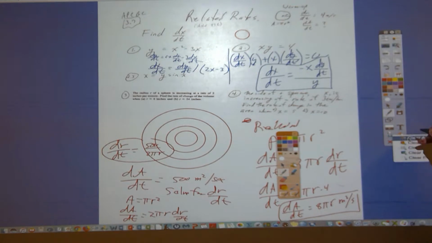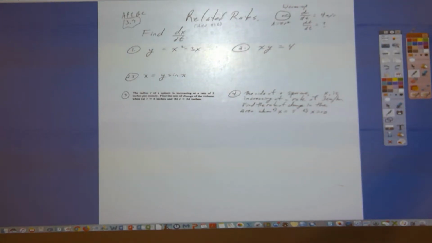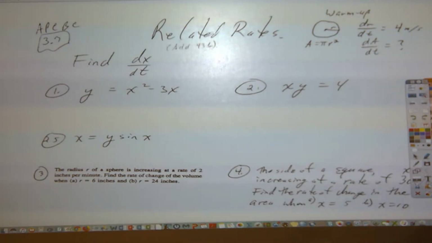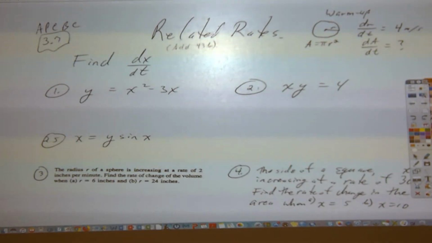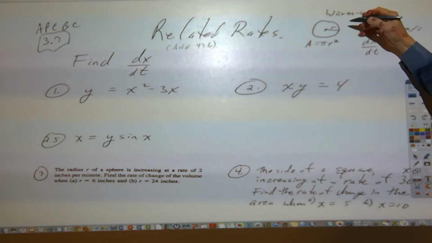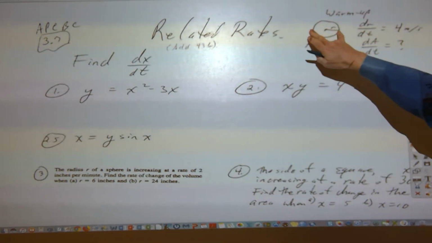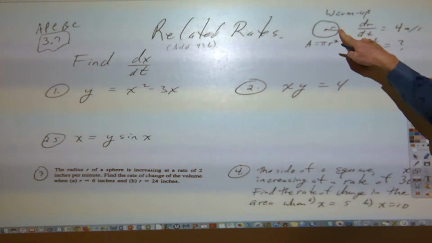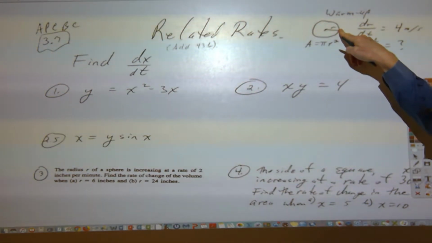Now, when you take a look at your handout for related rates, you see that there's a little bit of review, and there's also a warm-up. Class, check this out. Reliving the Pelican situation. But this time, this oil spill, eyes up here.